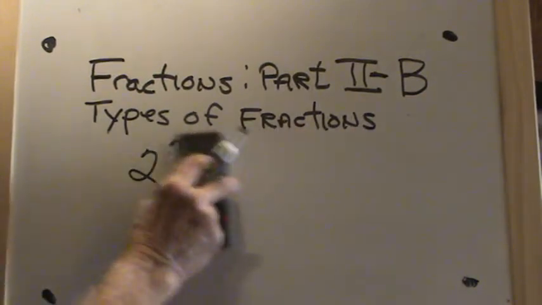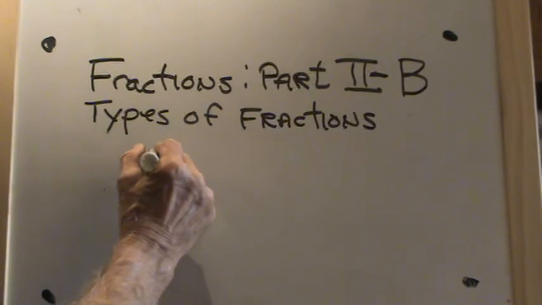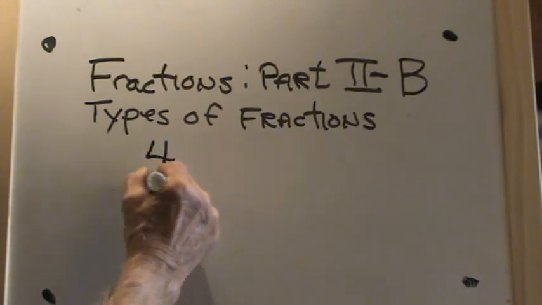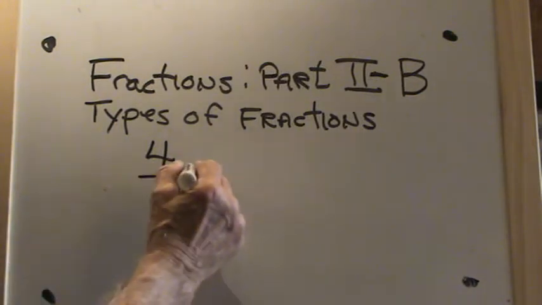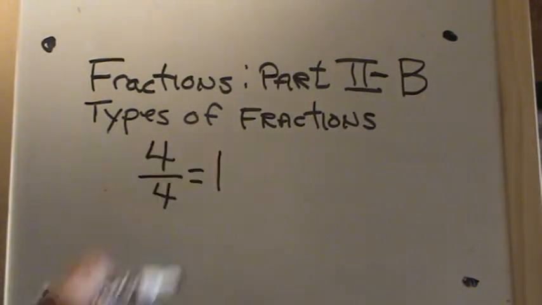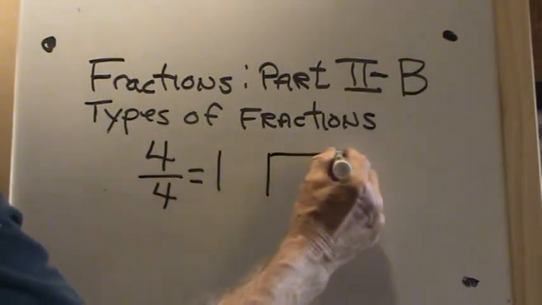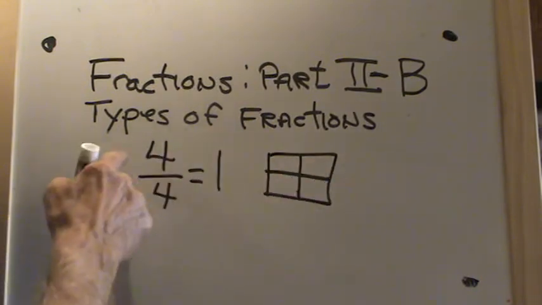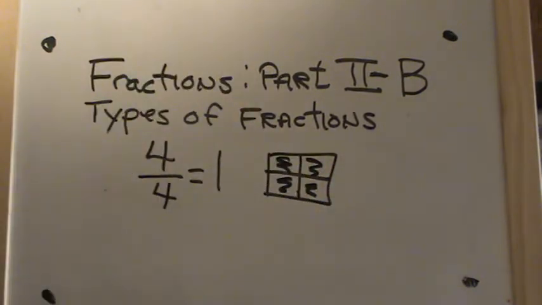Now the final kind of fraction, and this is very simple. You know this already. There is a fraction where the numerator and the denominator are the same. And that fraction is 1 whole. Because if there are 4 pieces in the whole, and I'm interested in all 4, that's 1 whole.